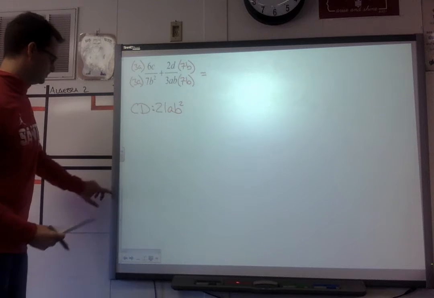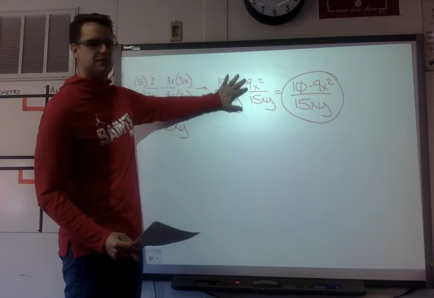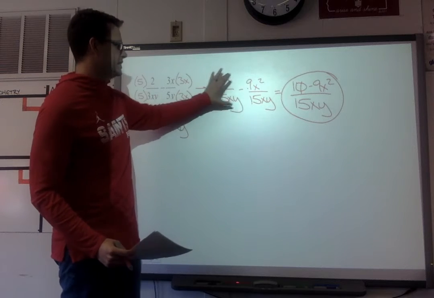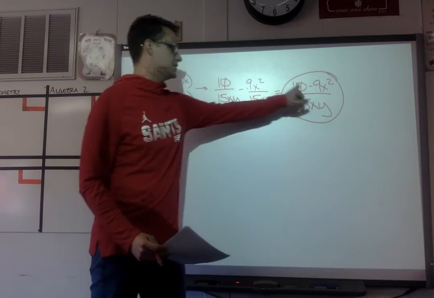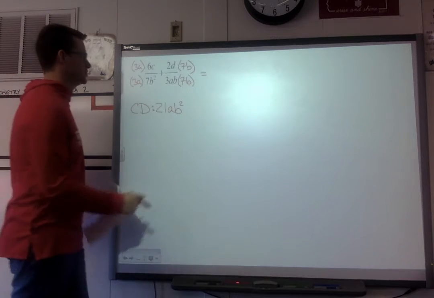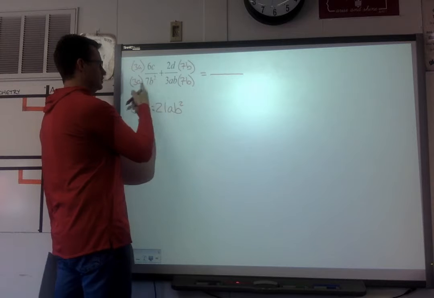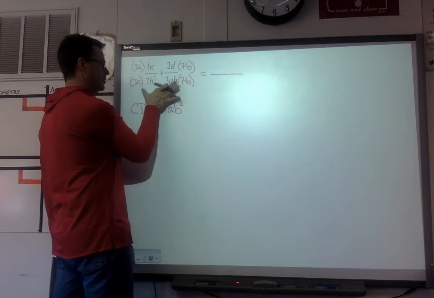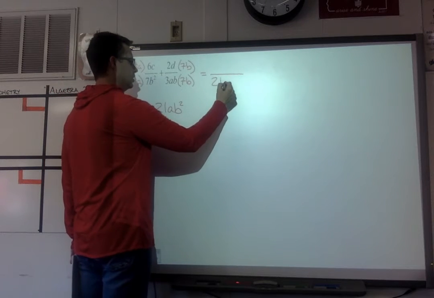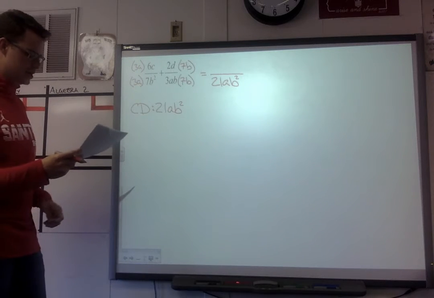Now this one, I'm actually going to go ahead and take out this middle step of writing it as two different terms and then simplifying down to one. I'm going to go straight to one term now, because I know my denominator is going to be, as long as I multiplied by the right numbers, that common denominator of 21ab squared.